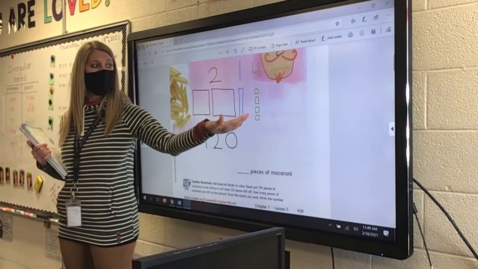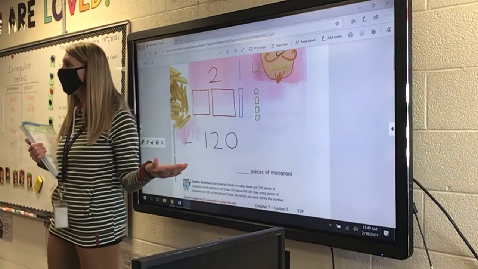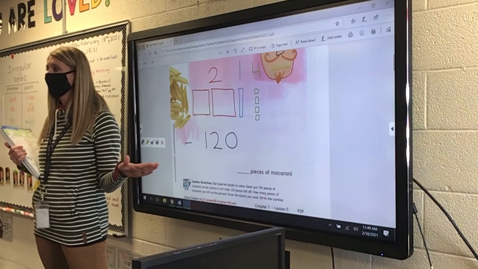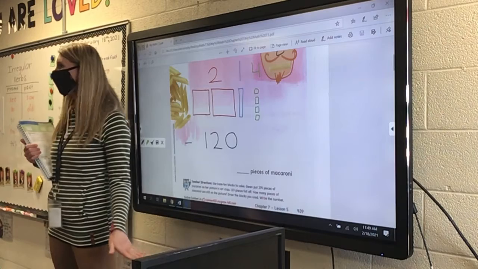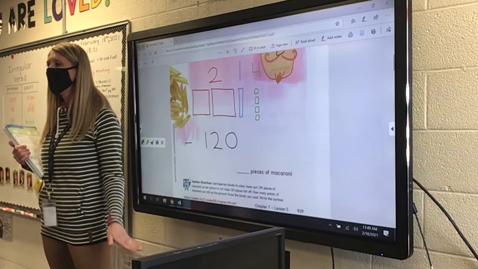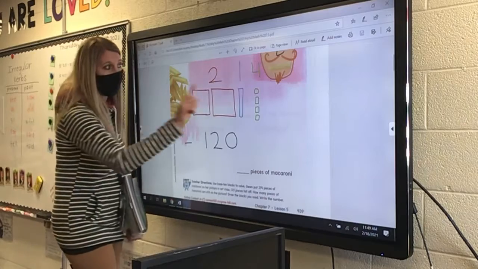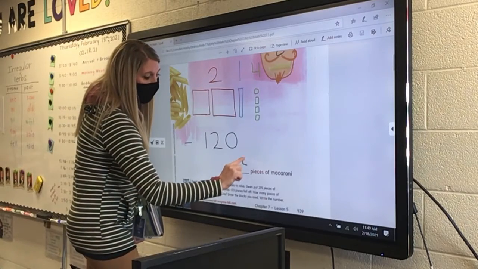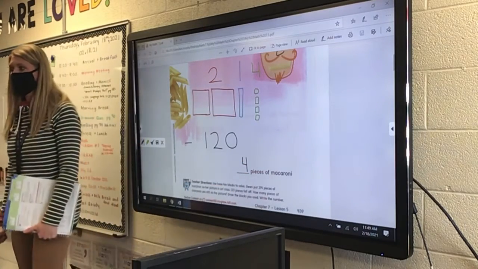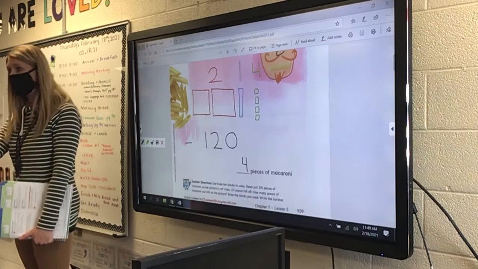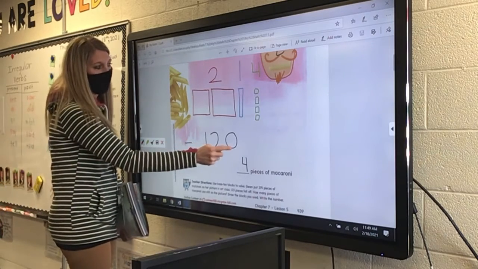I have 4 ones. I want to take 0 away. So am I taking any of the ones away, guys? Wyatt, am I taking any of those ones away? No. So my ones are gonna stay a 4. Not taking any ones away because I'm taking 0 away.